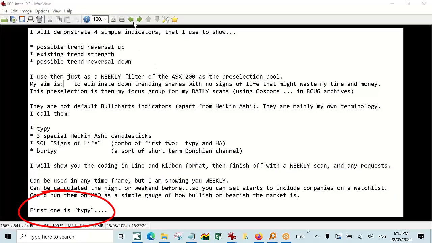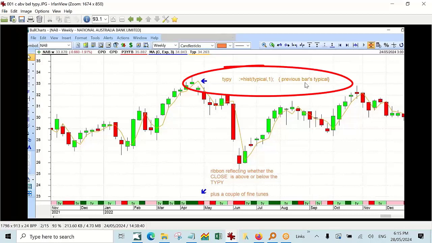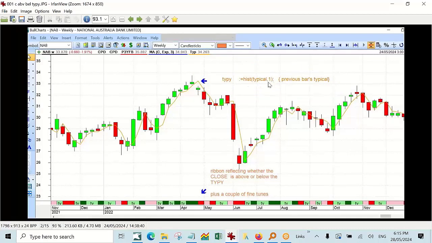So the first one is what I call the TIPI. And here it's shown on the chart. The formula is there. I'll show you the formula in a little while, more fully. It's just yesterday's typical price, or the previous bar's typical price on a weekly basis. So historical typical 1. Typical is a BullCharts default function.